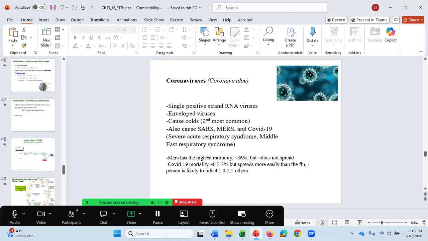COVID-19 can kill patients, but when it first came out, it only killed between 0.2% to 3% of patients. So it's much less lethal than even SARS, and maybe 100 times less lethal than MERS. A danger with COVID-19 is that there are a large number of asymptomatic cases.